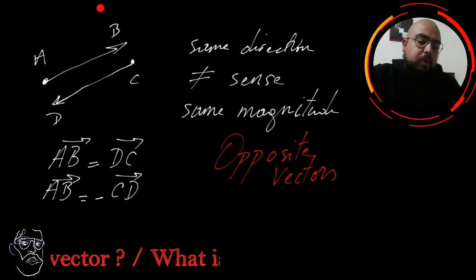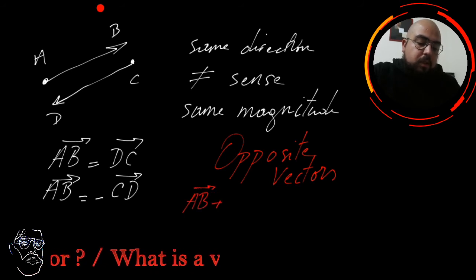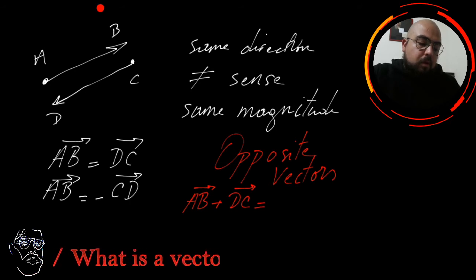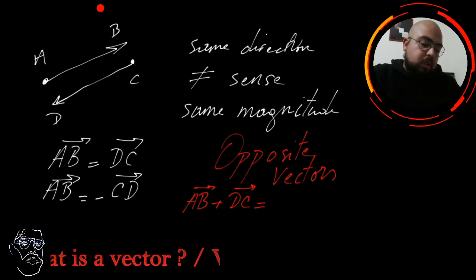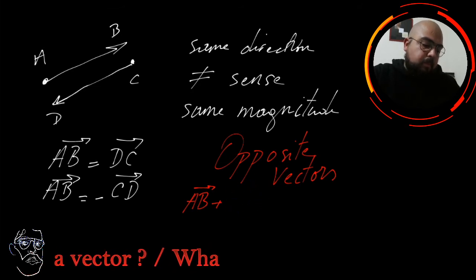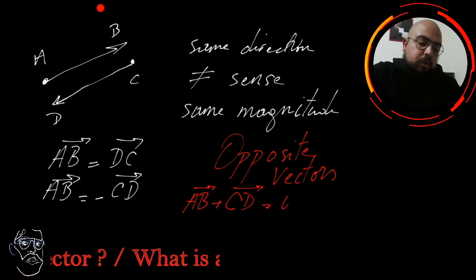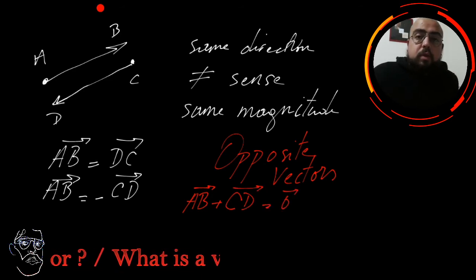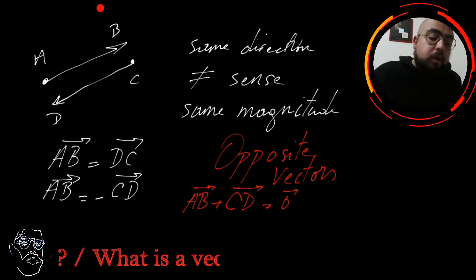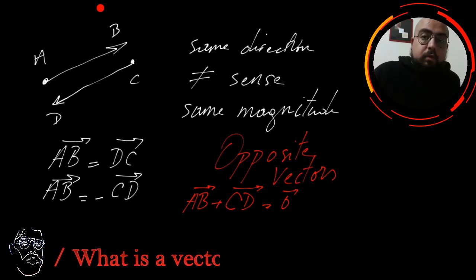Their sum should give me 0. So AB plus DC is equal to AB plus CD, in this case it should be plus CD, is equal to 0. So same direction, different sense or different orientation, and same magnitude.